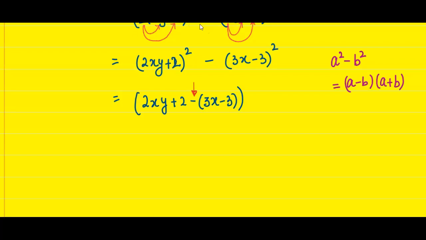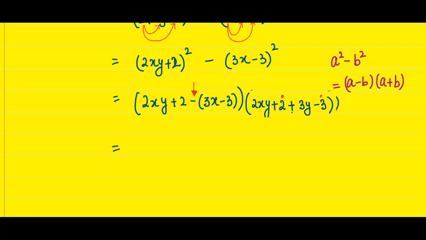This is a dangerous sign. It is going to flip the signs of all the terms inside the bracket. So that is why I am keeping it in a bracket first, and then the second factor will be 2xy plus 2 plus, now because there is a plus sign, I need not put the second term in the bracket. So it's safe. So I'm going to write the second term like this.